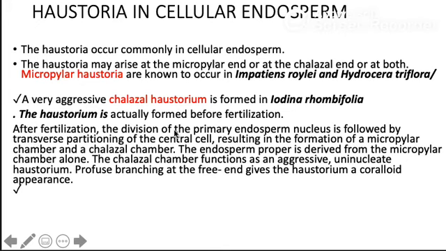After fertilization, the primary endosperm nucleus is followed by transverse partitioning of the central cell, resulting in the formation of a micropylar and a chalazal chamber. The endosperm is then derived from the micropylar chamber alone, and the chalazal chamber will function as the haustorium, and there is a profuse branching of the haustorium to give rise to a very coralloid appearance.